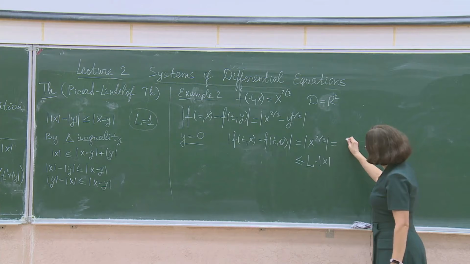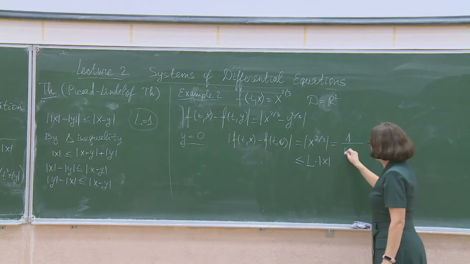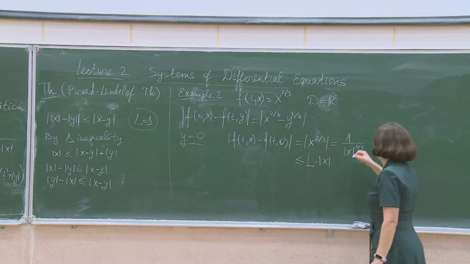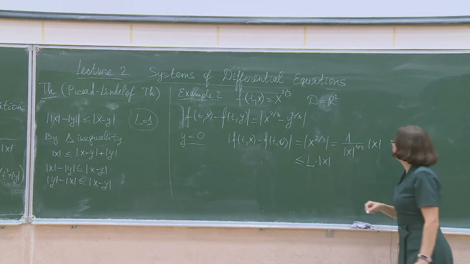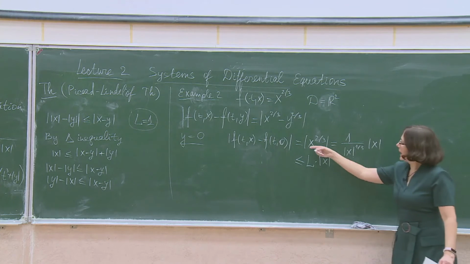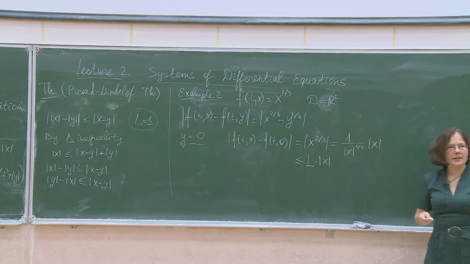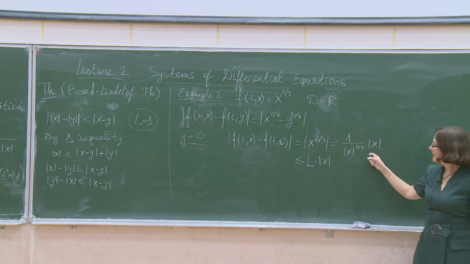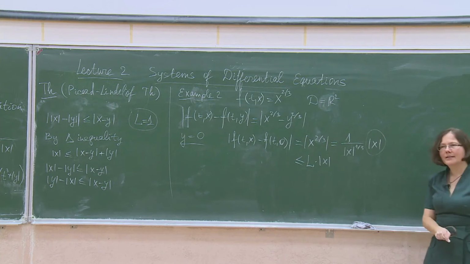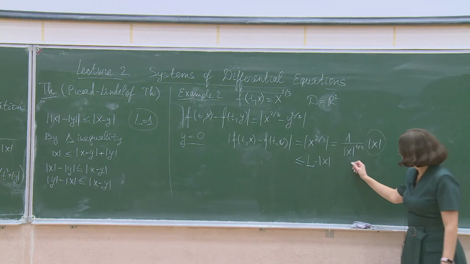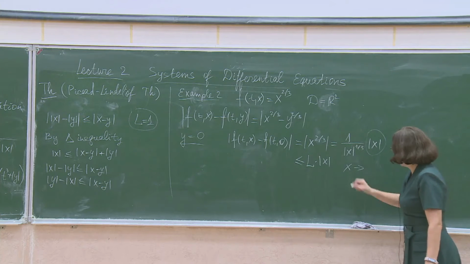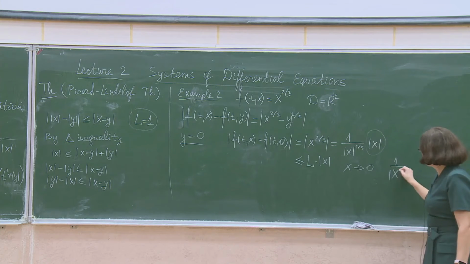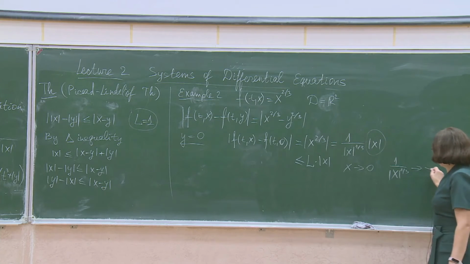If we represent it in the form of 1 over the absolute value of x to the power 1/3, times x, can we rewrite this in this form? Is it true? Then I can see that if x approaches 0, then this coefficient, 1 over x to the power 1/3, approaches infinity.